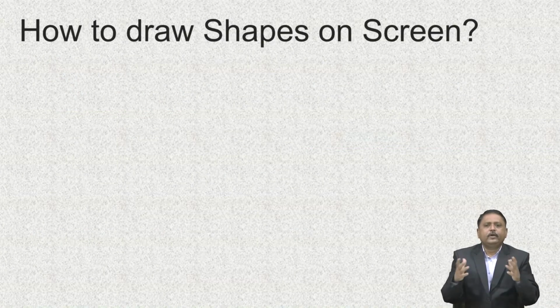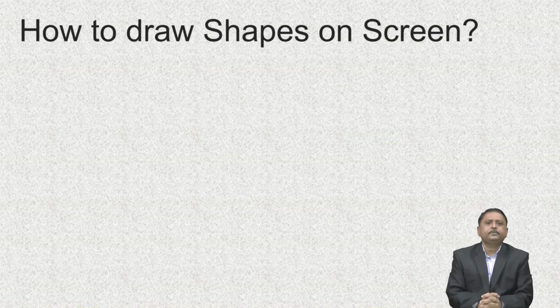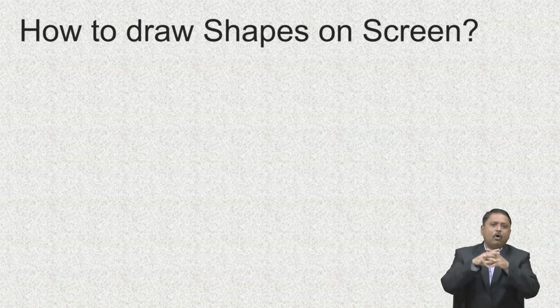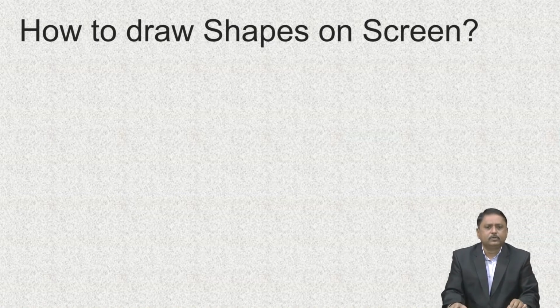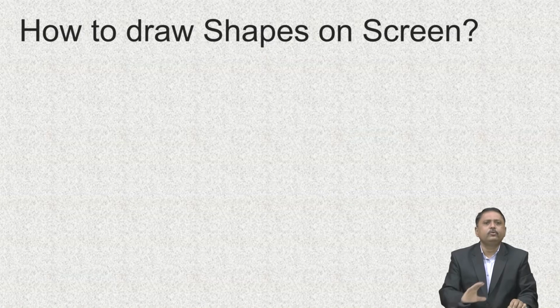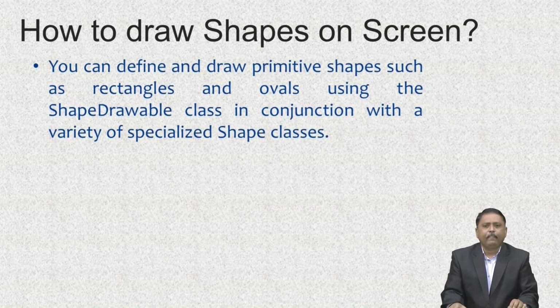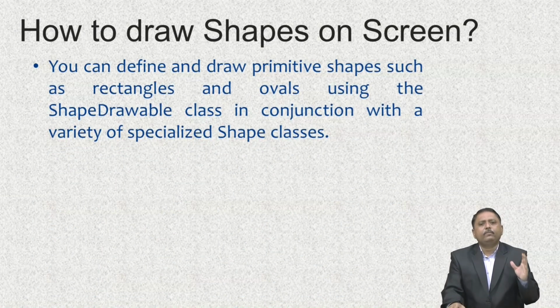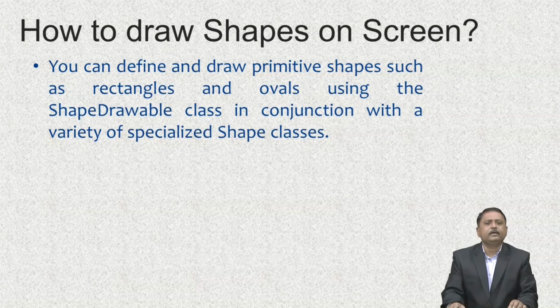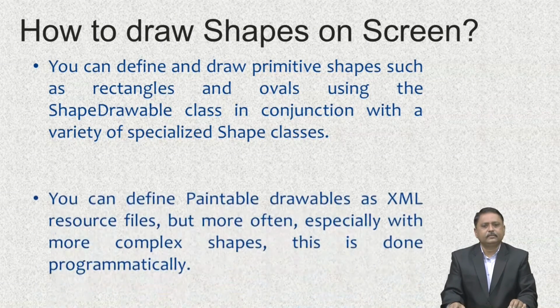Let us try to understand how to draw shapes on screen. We have already learned one method, drawCircle of Canvas, to draw a circle. So, you can define and draw primitive shapes such as rectangles and ovals using the ShapeDrawable class in conjunction with a variety of specialized shape classes.